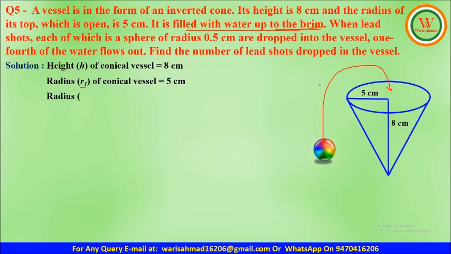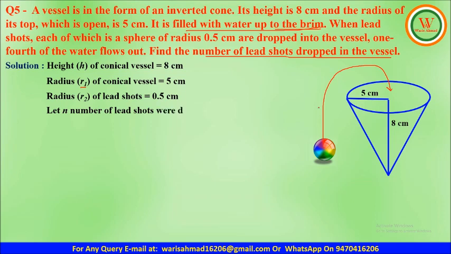So here we can write radius R2 of lead shots is equal to 0.5 centimeter. Now we have to find the number of lead shots dropped into the vessel. Suppose n number of lead shots were dropped into the vessel. Here I have assumed the number of lead shots is equal to n.